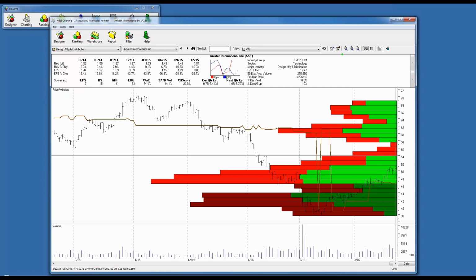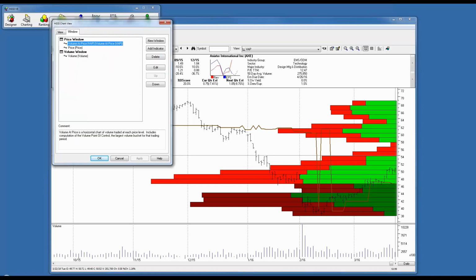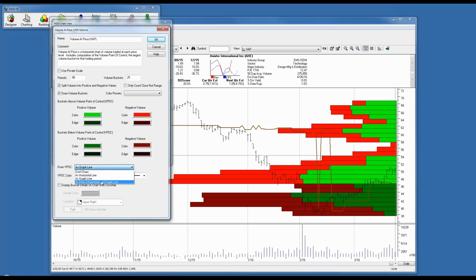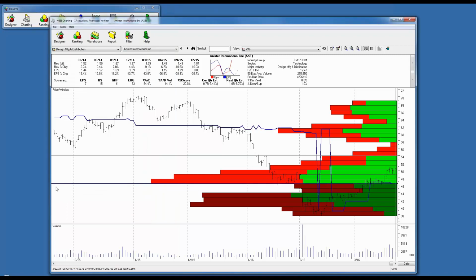And the volume point of control can also be drawn as both the graph line and the horizontal line. And in this case, the horizontal line represents the volume point of control of the very last day on the chart. And by last day of the chart, it's the last day on the right-hand scroll of the chart.